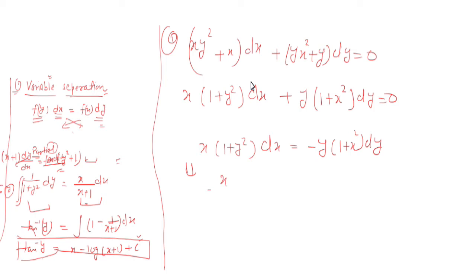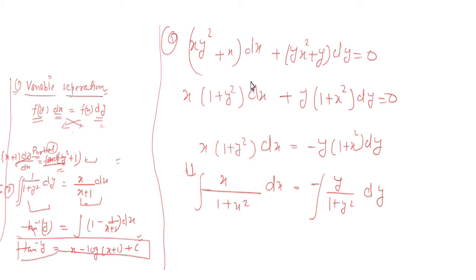So you will get x by 1 plus x square dx equal to minus y by 1 plus y square dy. Now you can integrate both sides.